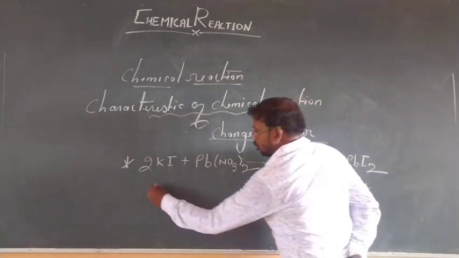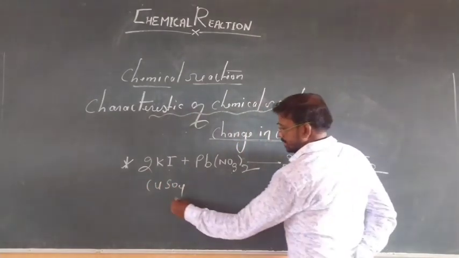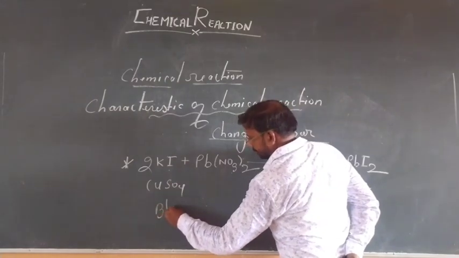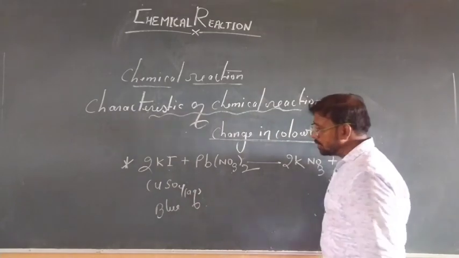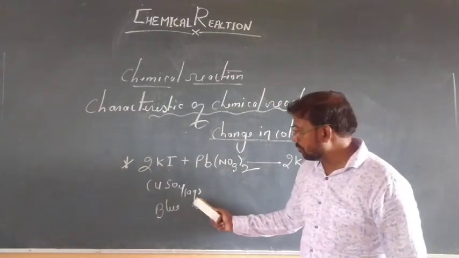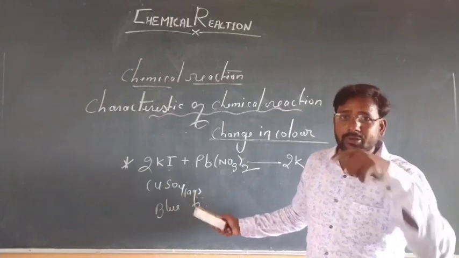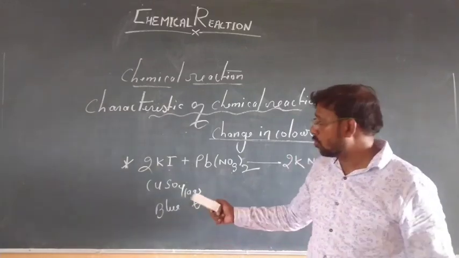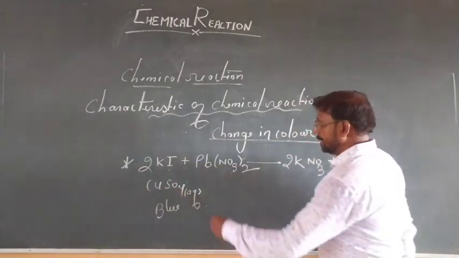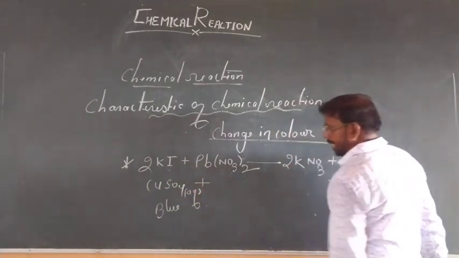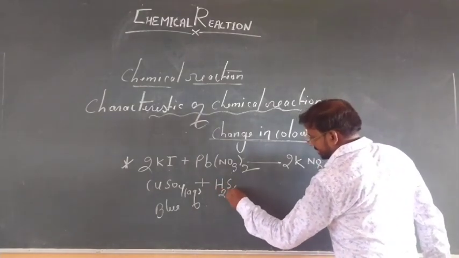One more example I am going to give. Copper sulfate, CuSO4. It is blue in color. Dissolved in water, aqueous. AQ means what? It is dissolved in water. Its Latin name is aqua. That's why you can see Aquaguard. The aqueous solution of copper sulfate dissolved in water then reacts with hydrogen sulfide gas.